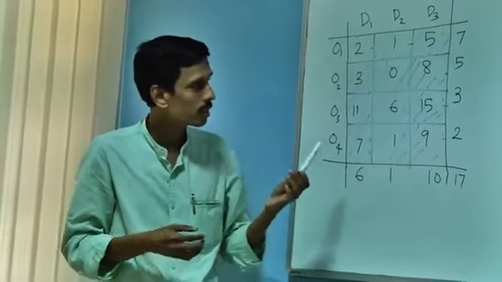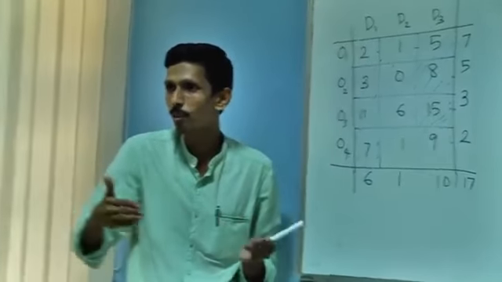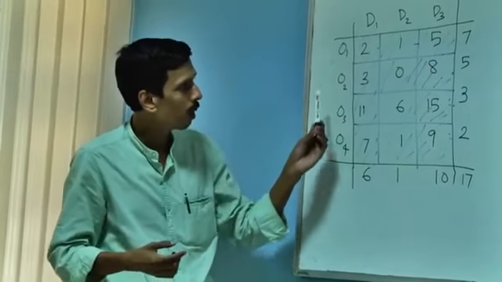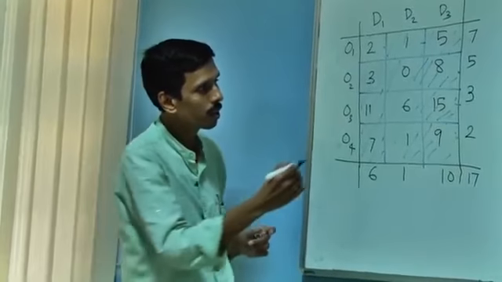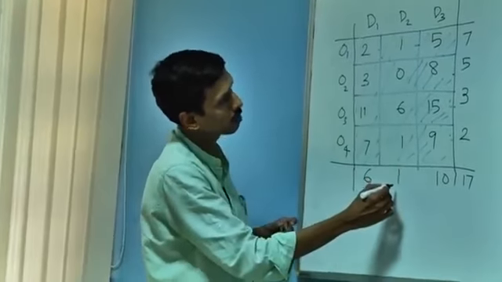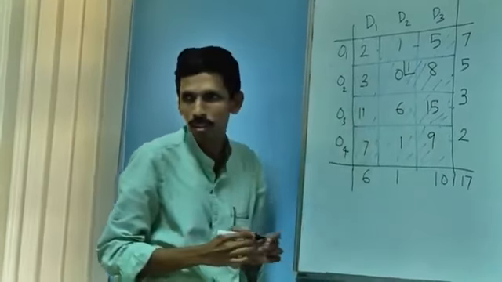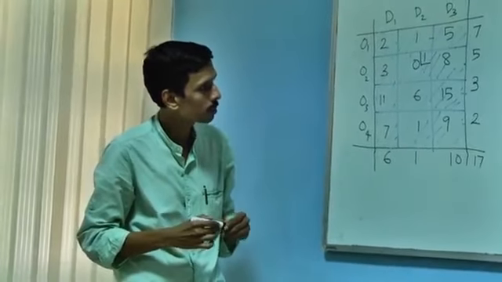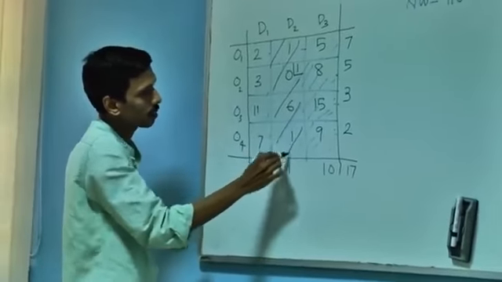Sometimes O2 and D2 may be in the same place, adjacent routes. Therefore, there is no transportation cost. How much can you transport from O2 to D2? Only one. Why? Because of the requirement at D2. Then which column or row is exhausted? This one is exhausted, right?